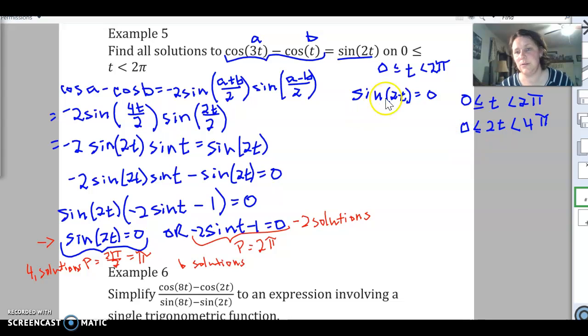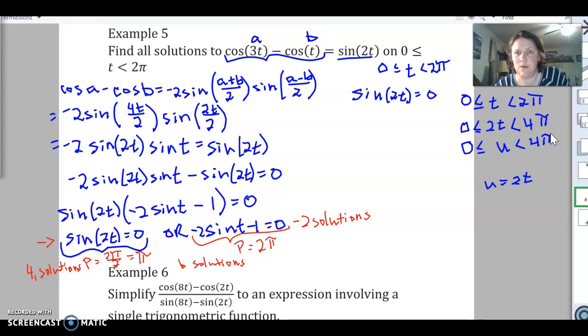Now what do I do when I solve this? I'm going to take this 2t out and set it equal to 0. So we have u equals 2t. I can come back up here and say u is between 0 and 4 pi. This gives me my solutions in terms of u.